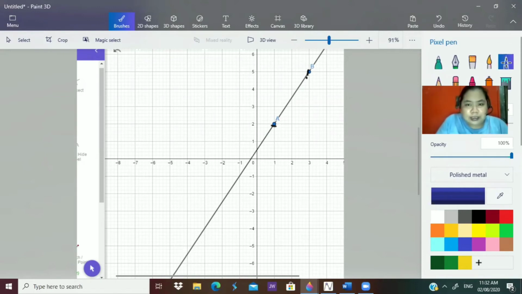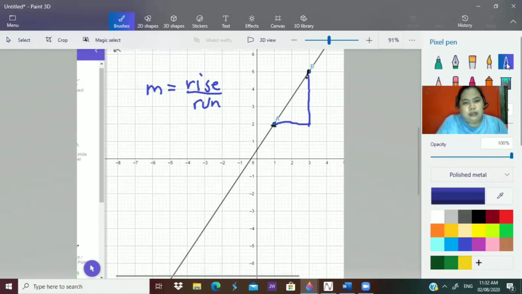Okay. So, alalahanin natin, recall natin, the slope is the ratio of rise over run. So, rise over run. So, we're going to draw a right triangle here. Hindi tuwid ang aking right triangle. Okay. So, mapapansin nyo, meron tayong right triangle dyan.